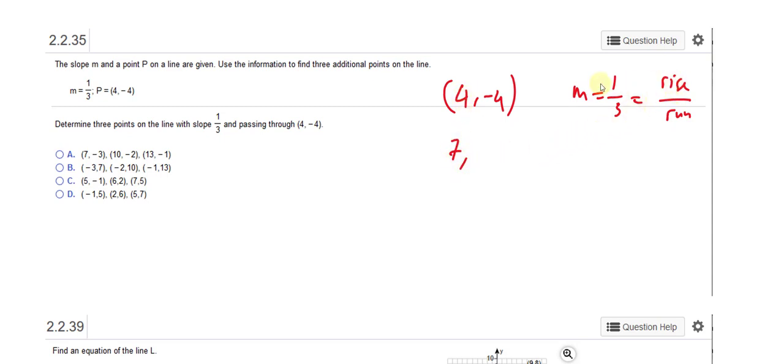I have to rise up by 1 unit. Minus 4 plus 1 gives me minus 3. So 7 and minus 3 should be this one only. Because there's only one choice that has 7 and minus 3, it has to be option A. You don't have to check the other two.